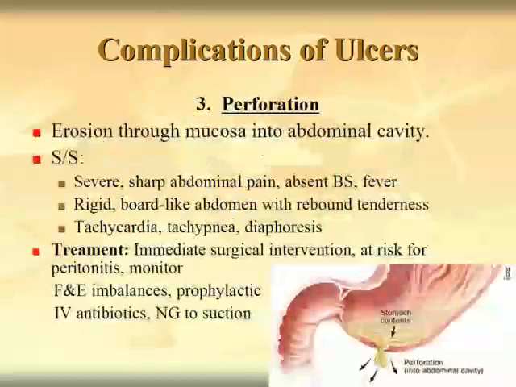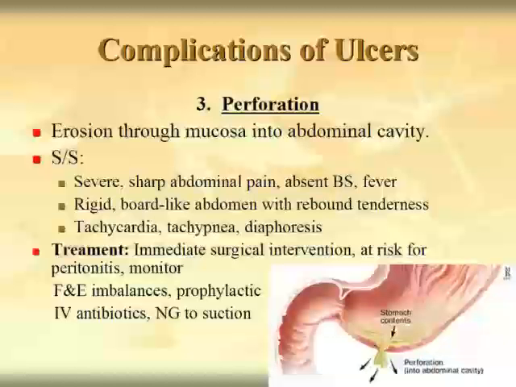Another potential complication is the patient can actually erode. The ulcer can erode all the way through the entire stomach or duodenal mucosa into the abdominal cavity, and if so, that patient's at huge risk for peritonitis and a lot of complications. So if this happens, the patient typically will have severe sharp abdominal pain, absent bowel sounds, a fever, their abdomen will be rigid, very tender, board-like, and they will have symptoms of shock, such as tachycardia, tachypnea, very diaphoretic.